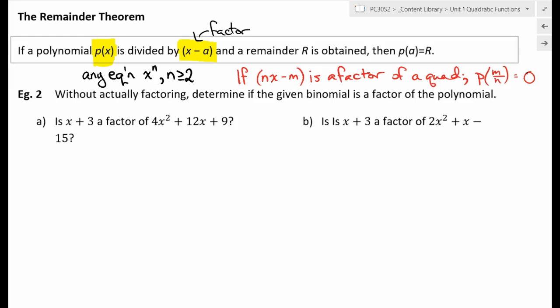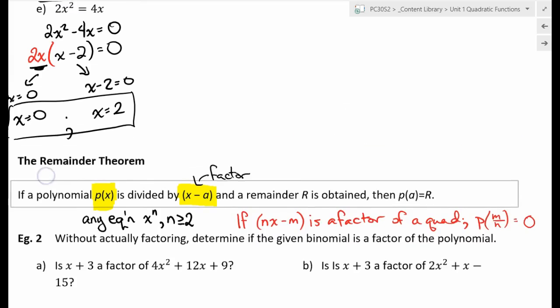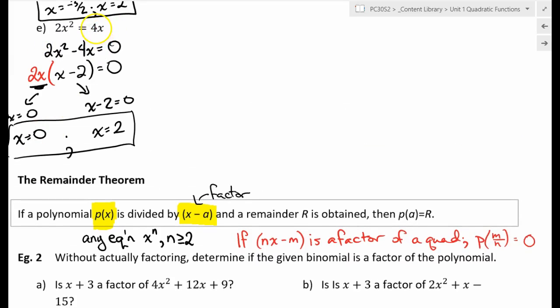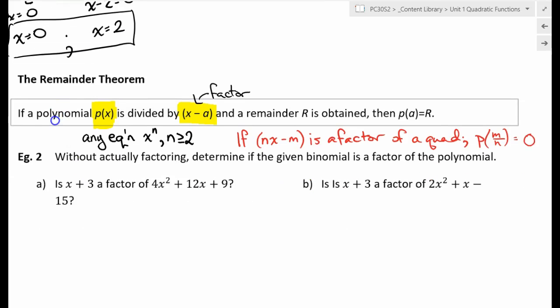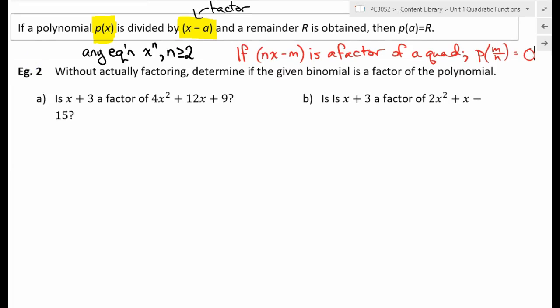So if I plug in my value of x, it should give me 0. And that's stemming from this idea that, well, my factor should produce 0 in my equation. So if it is a factor, it's going to give me 0. So it's kind of just building on that.